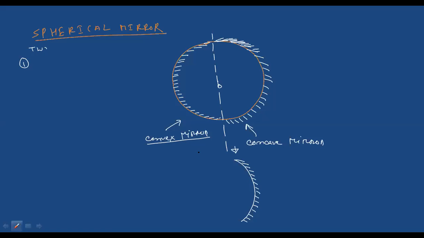Now see, up to this we have completed. That is your convex mirror, and there are two types of spherical mirror.